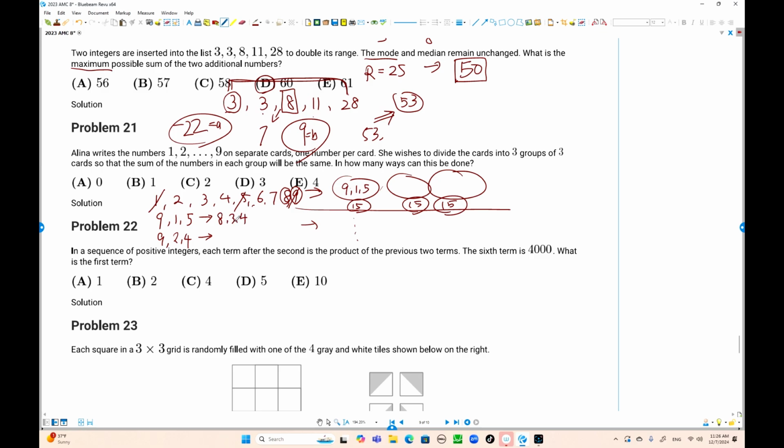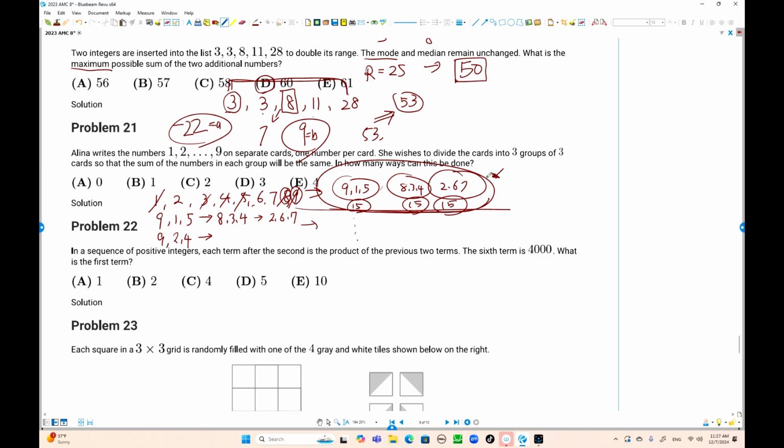That's 7. So the last one is 2, 6, 7. You have one way, so you can divide into these three groups like this.